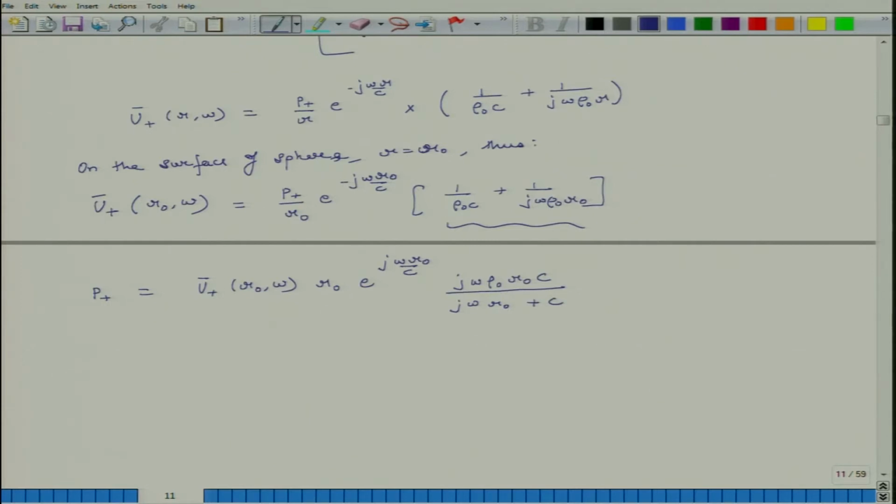This is what I get, and I can reorganize this, all this good stuff.